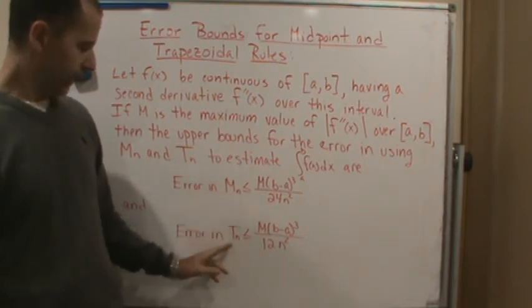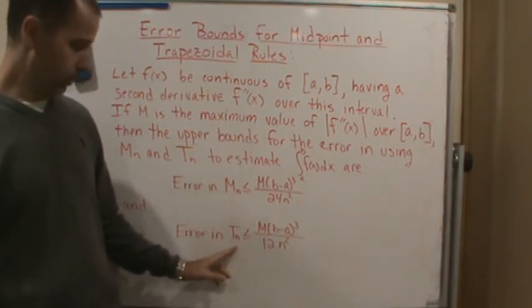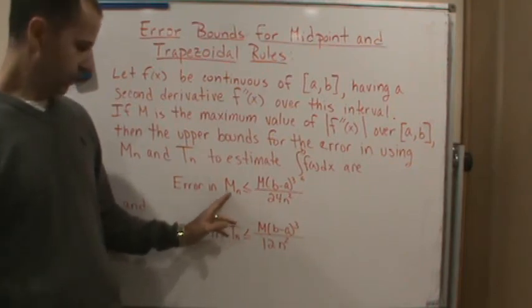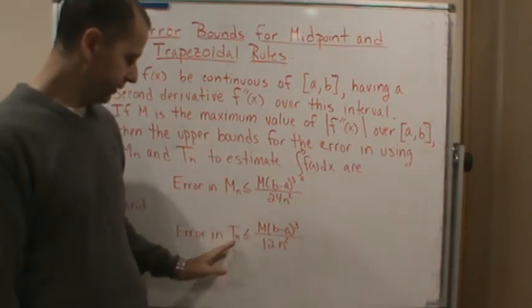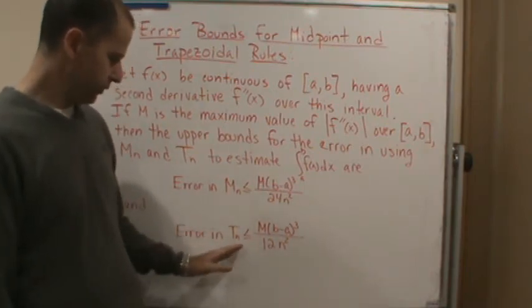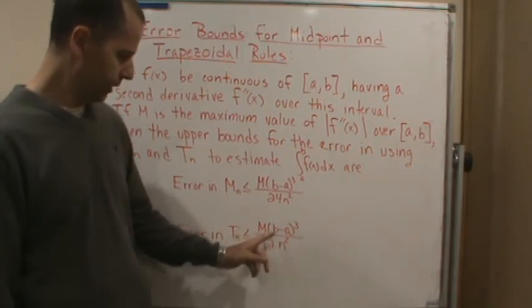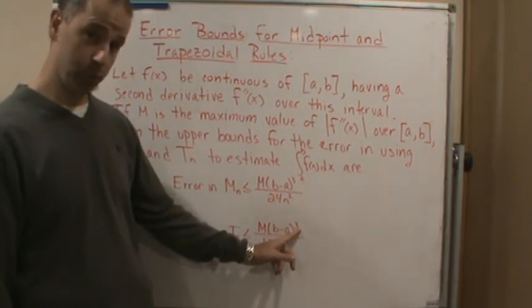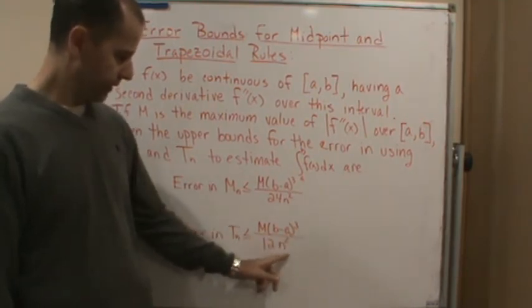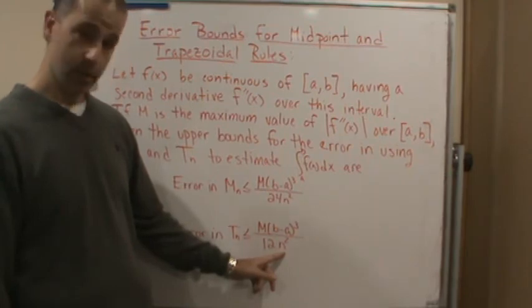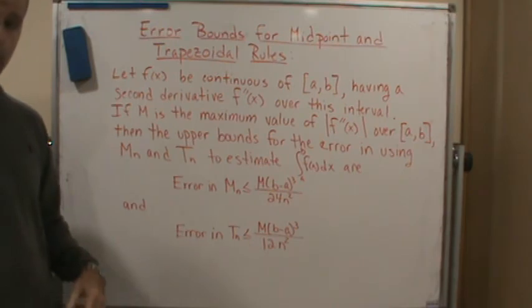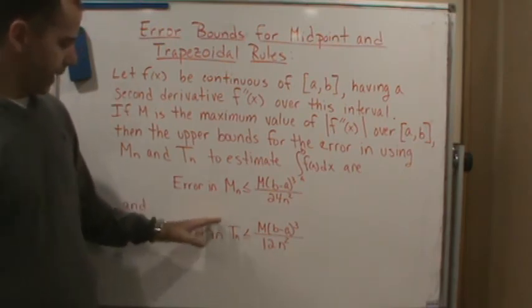One way to look at it is your error bound for the trapezoidal rule is double what you get for the midpoint rule. The error bound using the trapezoidal method is capital M times the quantity b minus a cubed, divided by the quantity 12 times n squared. So these are the two formulas you're going to use to figure out what the maximum error is.